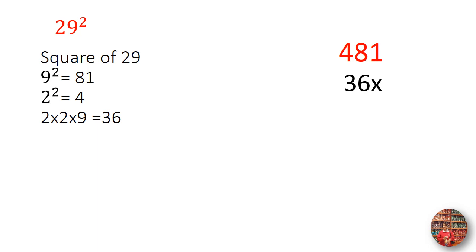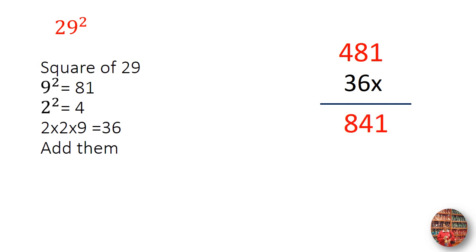Write it below 481, leaving one place from the right. Add. So what is the result? The result is 841. So the square of 29 is 841.